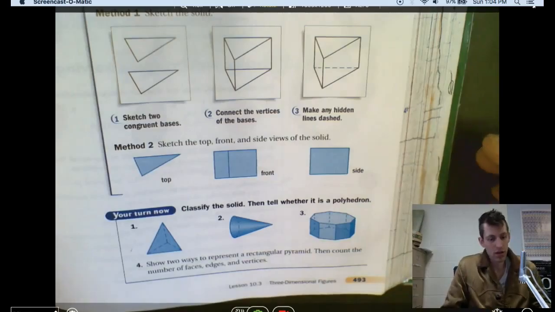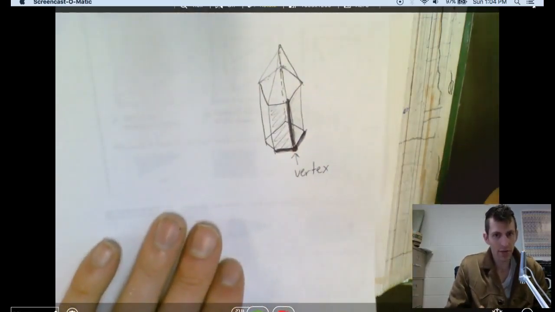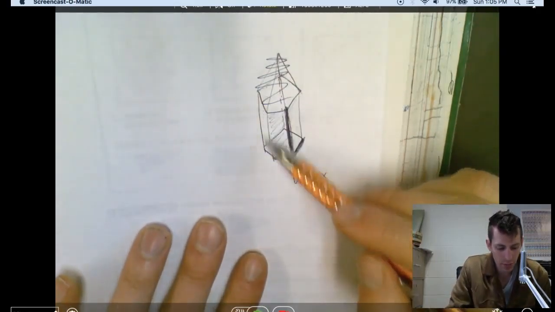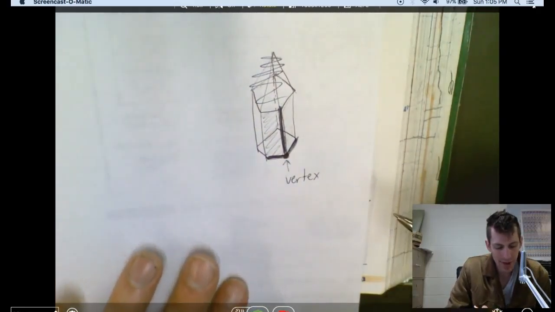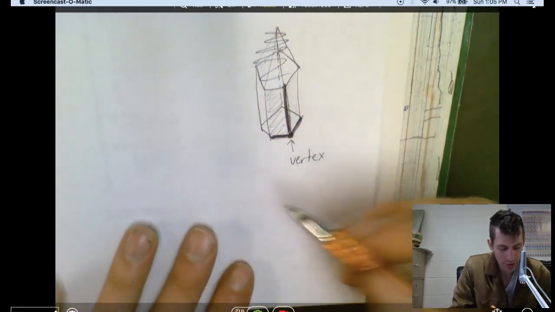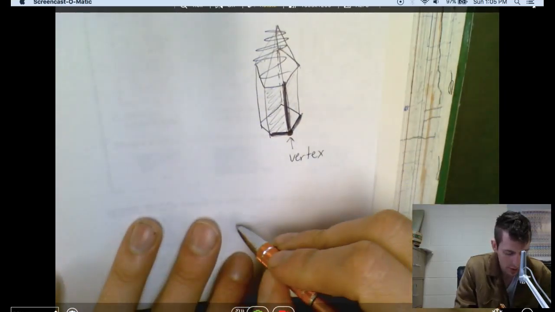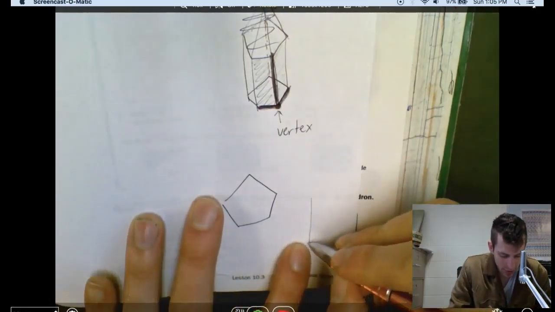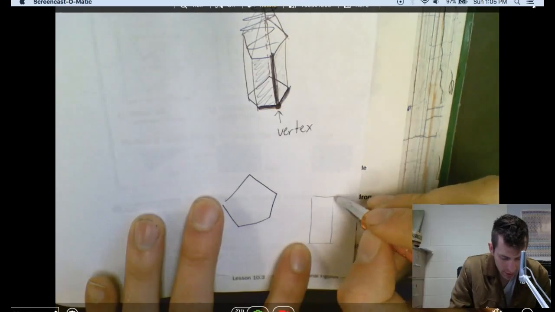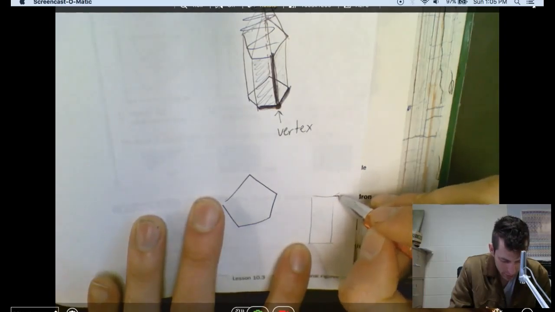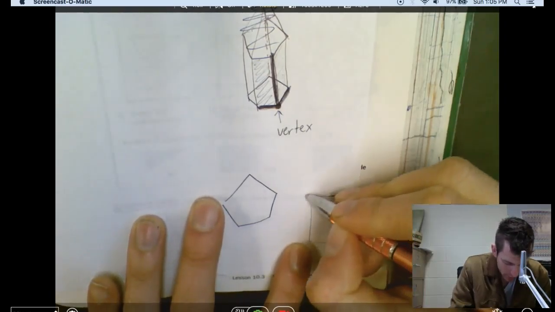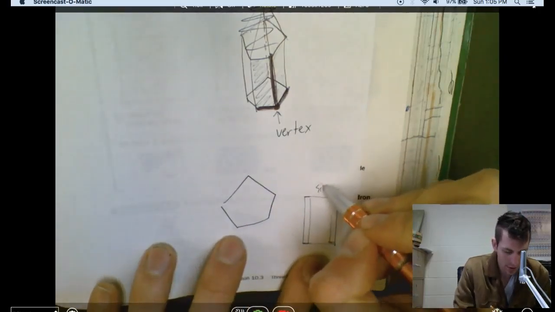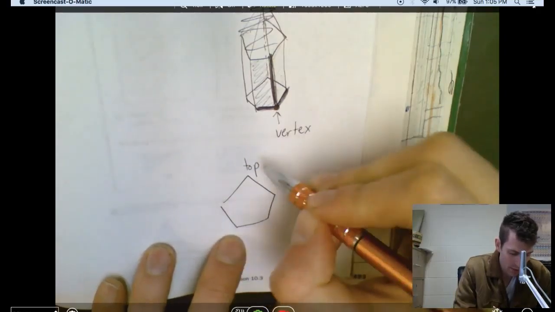How would I draw that for, forget this pyramid part, let's just look at my pentagonal prism. How would I represent that without drawing it like this? Well, top view would just look like this, right? Side view would look like a face here, and then that face would come out a little bit, and that face would come out a little bit. That'd be a side view. So that's side, this is top.